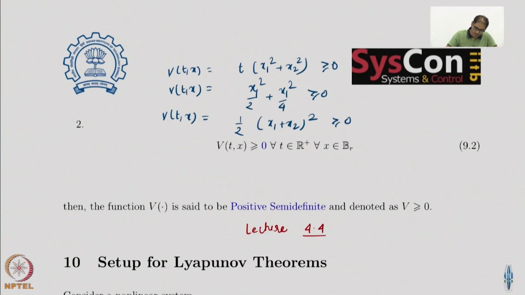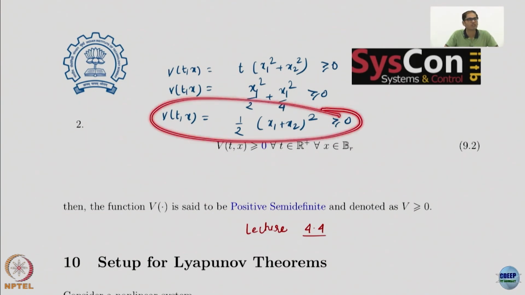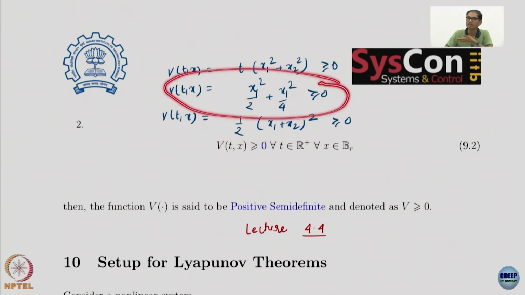But if I look at a semi-definite function, V inverse of 0 is what? A straight line, all possible infinitely many states. Again, this guy, the y axis, right? All possible infinitely many states come to mind.